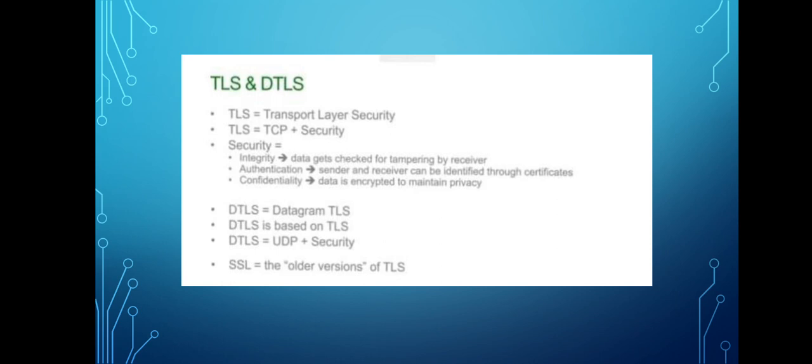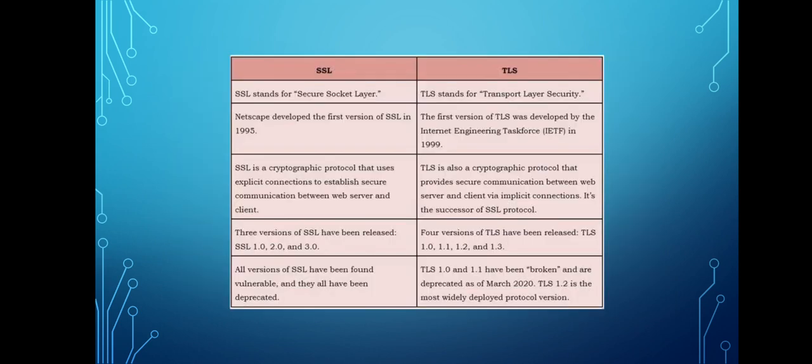So we've got datagram TLS, which is based on TLS. SSL is nothing but the SSL protocol that we generally use. So we've got SSL and TLS. SSL is secure socket layer, and TLS is transport layer security.